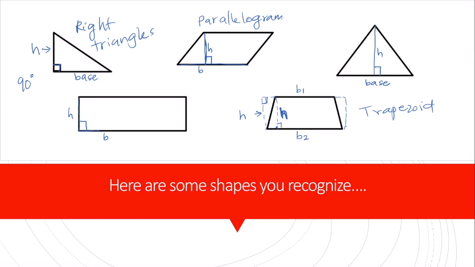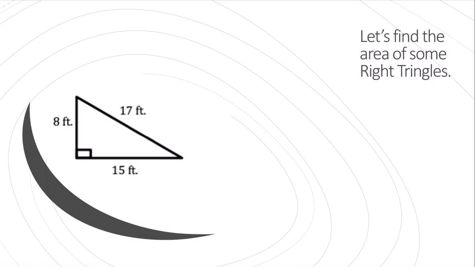Alright, so since we know our shapes now, let's quickly jump into finding the areas. This is the formula to find the area of a right triangle: height times base divided by 2. This is the height and this is the base.